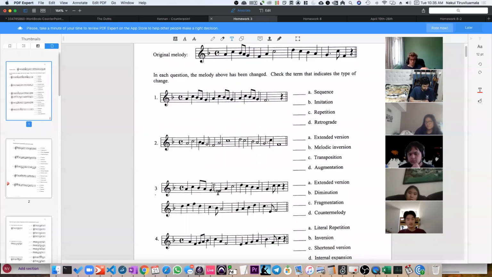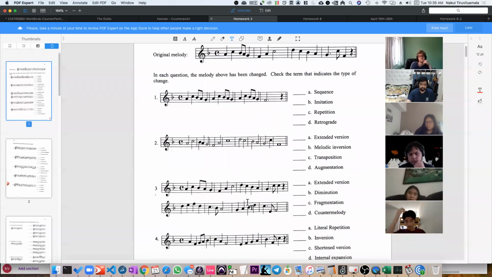Now, the two that we're stuck between are fragmentation or extended version. The weird thing about extended version is usually it refers to an extension after the phrase ended, and this looks more like an internal expansion. With fragmentation, you don't really see elements derived from the original melody.